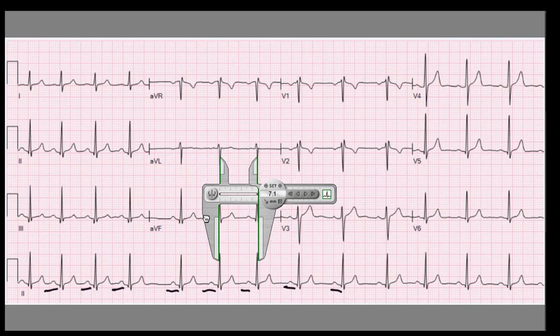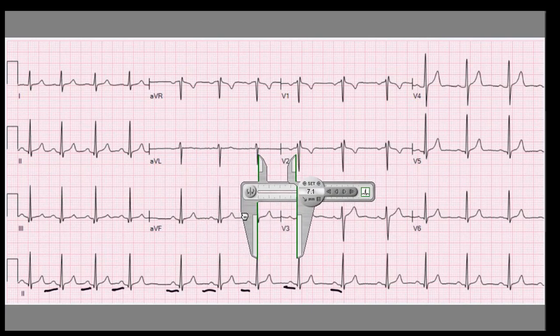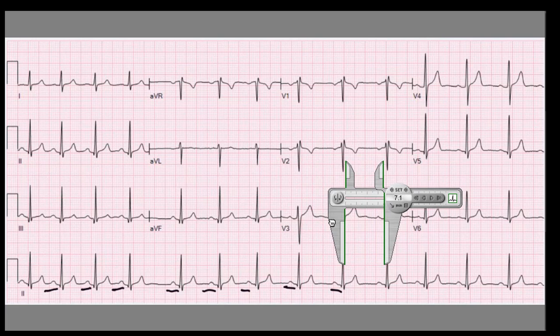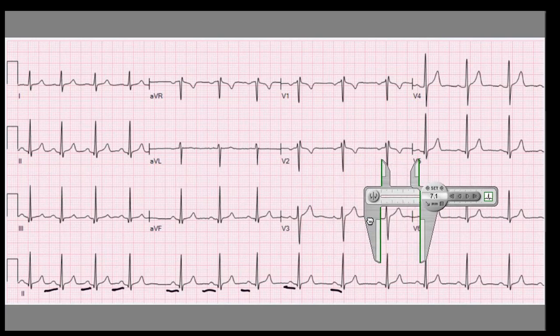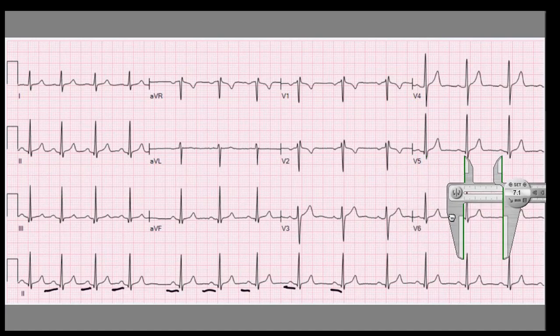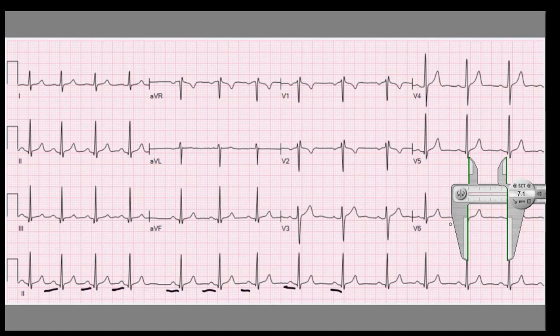Almost same. A little bit of deviation again because of respiration. Similar here, same interval here, and same interval here too. So yeah, the R to R intervals are regular too.